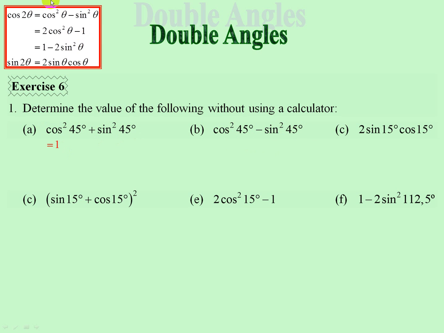There's our cos squared minus sine squared, cos of 2 theta, cos of twice 45. Think of the cos graph, it's 0 at 90 degrees. 2 sine cos of the same angle, there we are, sine 2 theta, therefore this one's going to be sine of twice 15, sine of 30, half, special angle 30.